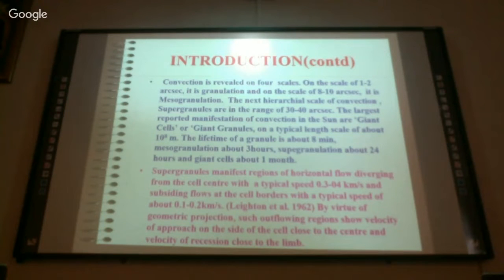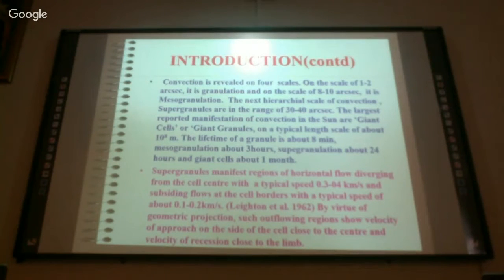The next hierarchical scale, that's my area, is supergranulation with a typical size in the range 30 to 40 arcseconds and a lifetime of about 24 hours. The next highest hierarchical scale in the convection is the giant granules, which have a typical size of 10^8 meters and a lifetime of about a month.